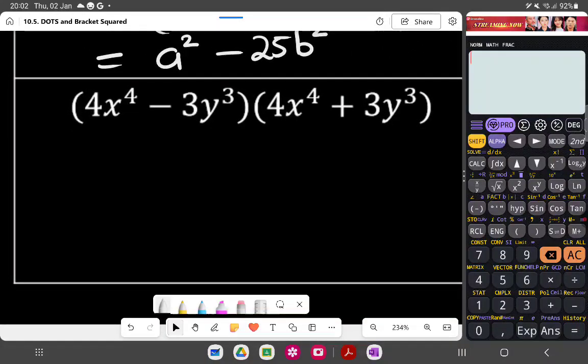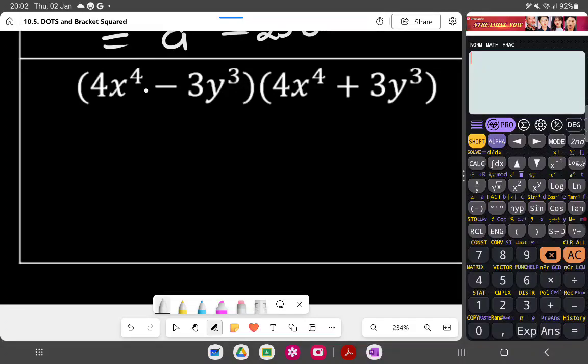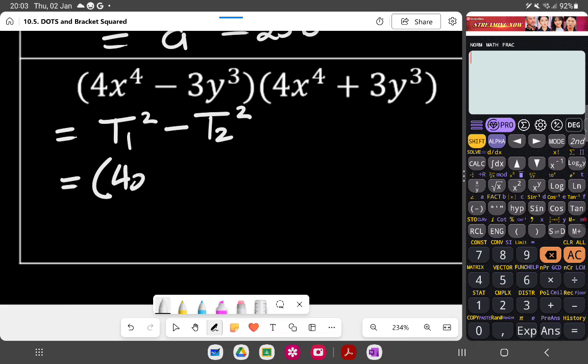Example C. 4x to the 4 minus 3y cubed, 4x to the 4 plus 3y cubed. Dots is equal to term 1 squared minus term 2 squared. Substitute, bracket 4x to the 4 in brackets. Now notice this 4x to the 4 is all of term 1 that goes inside the bracket, and I square it on the outside.